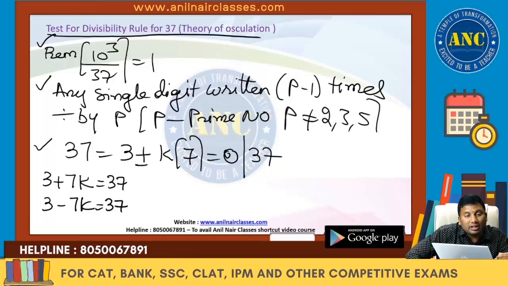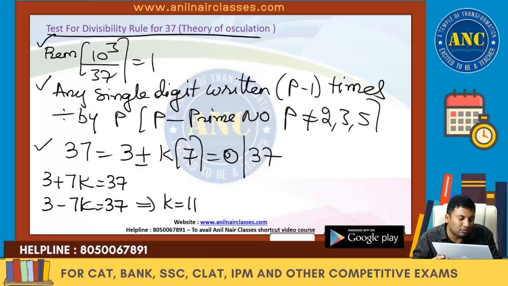Which value of k will satisfy this number? Here if you observe closely, k equal to 11 will satisfy, because 3 minus 7 into 11 is minus 74.